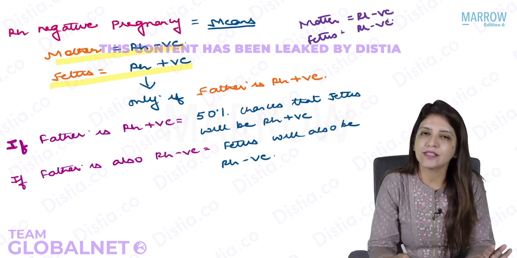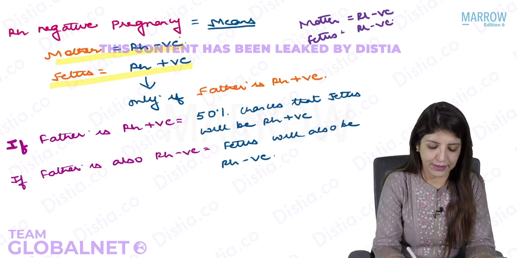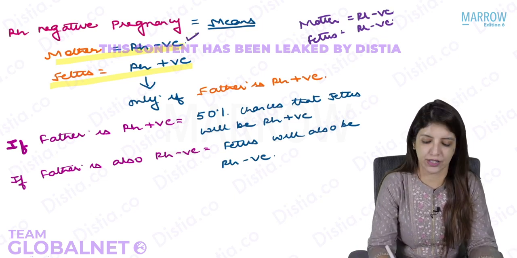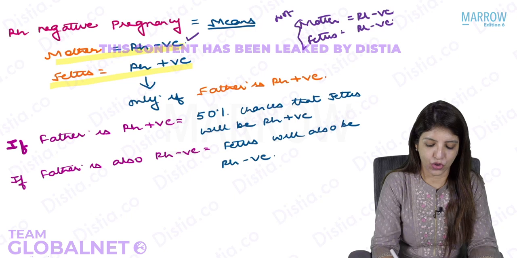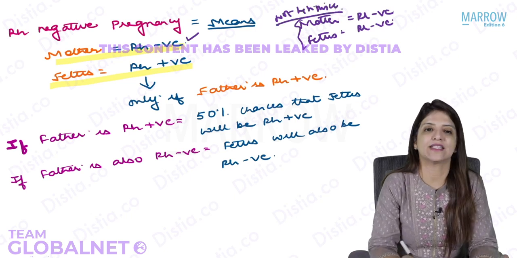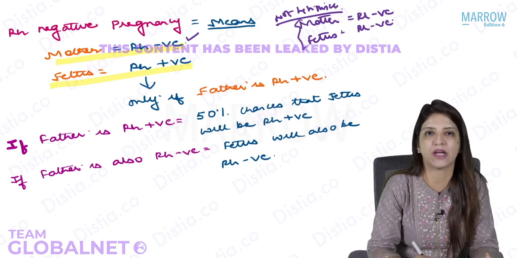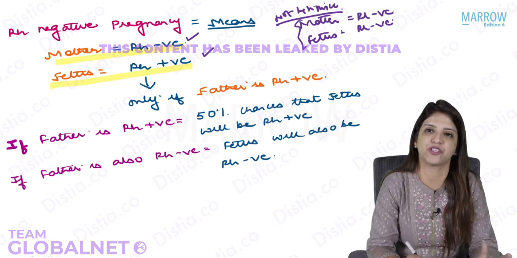A high-risk or at-risk Rh negative pregnancy means the mother has to be Rh negative and the fetus has to be Rh positive. So in order to be called a high-risk Rh negative pregnancy, mother should be Rh negative and fetus should be Rh positive.